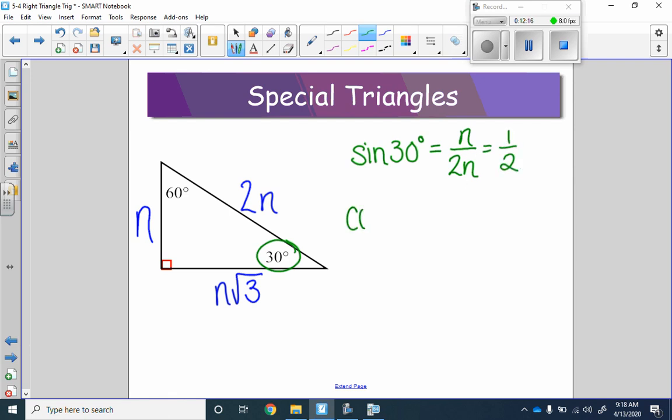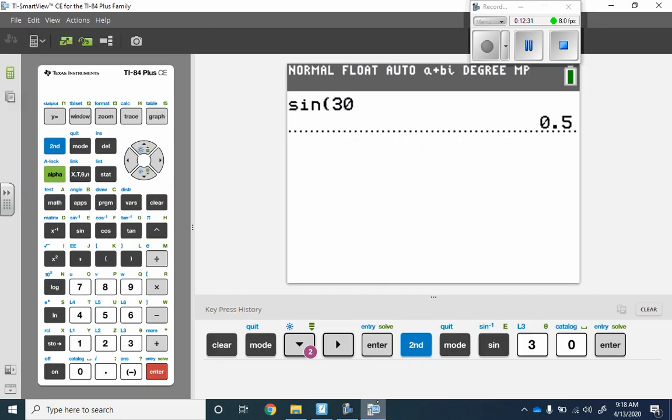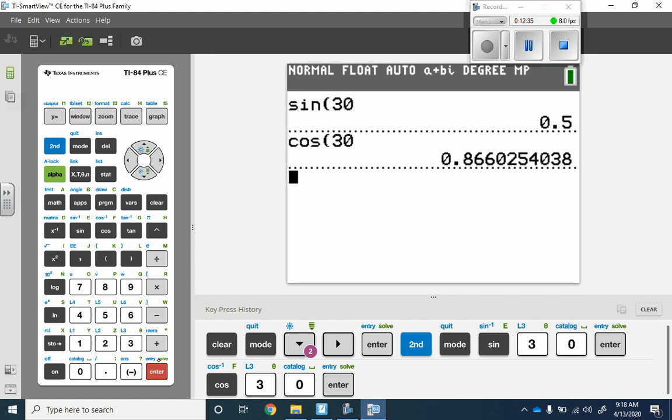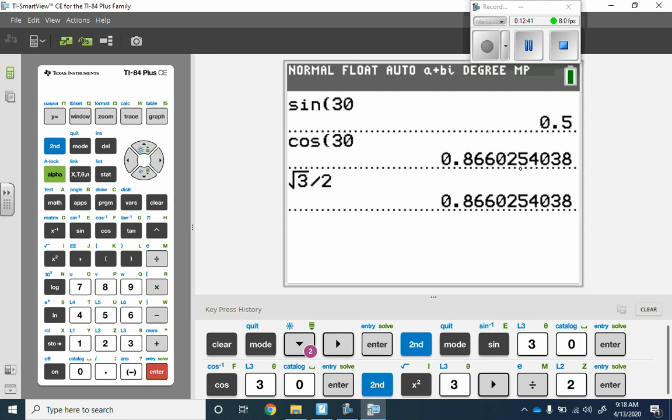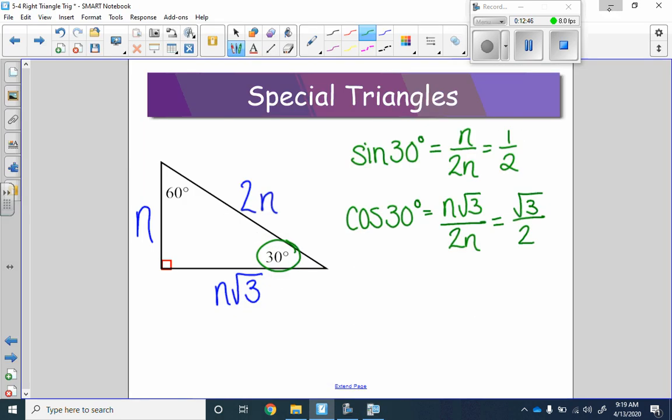If you take the cosine of 30 degrees, you take the adjacent, n square roots of 3, divided by the hypotenuse, 2n, and you end up with the square root of 3 over 2. Go to your calculator, take the cosine of 30 degrees, and get this decimal. Take the square root of 3 and divide it by 2. Notice it's the exact same thing. It's just an irrational number that you're working with.